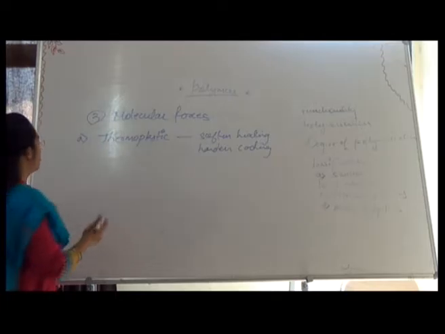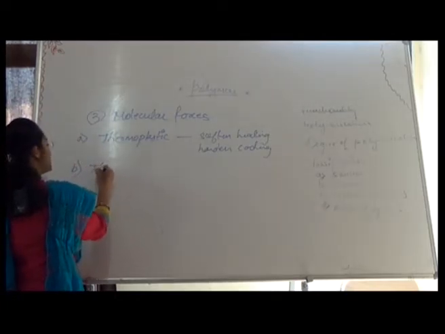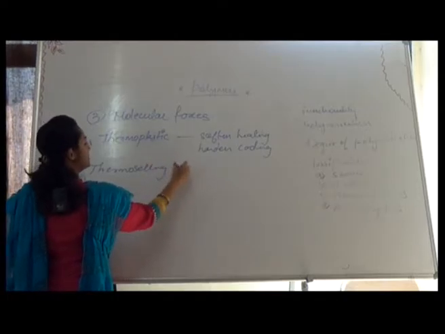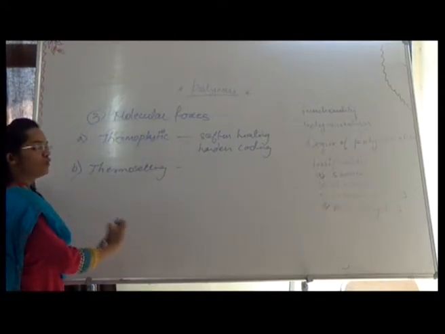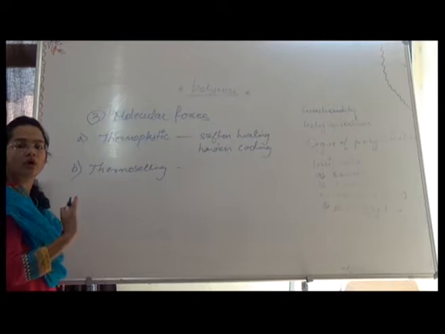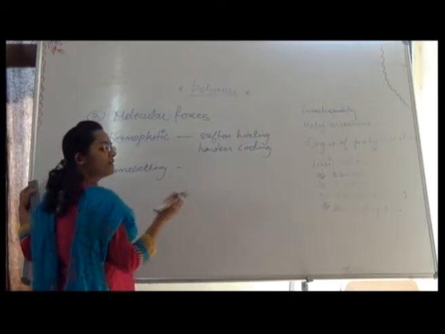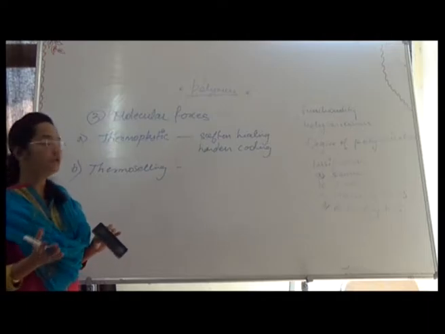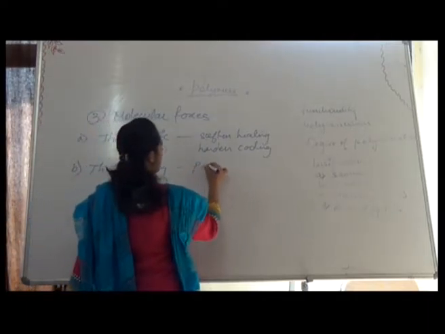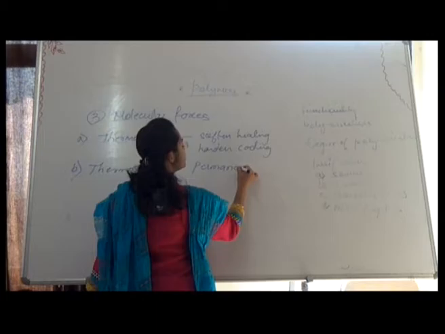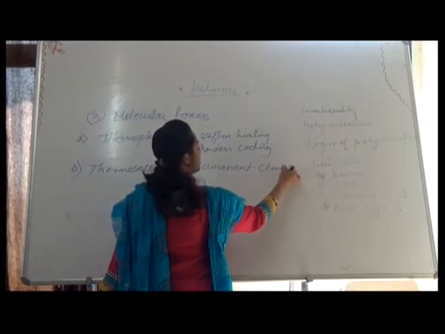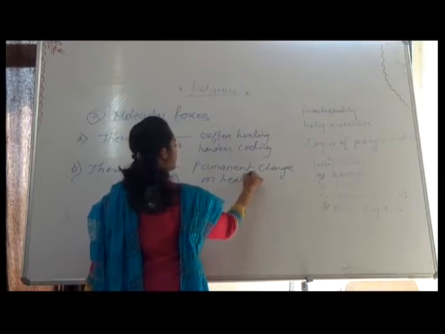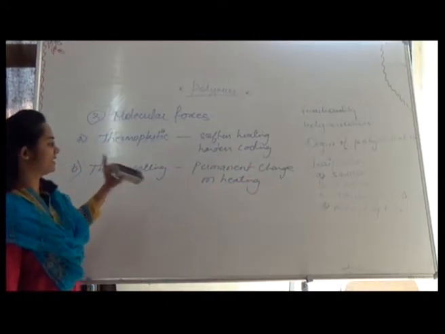Exactly the opposite property is of a thermosetting polymer. These kinds of polymers do not soften on heating; otherwise we can say that they undergo a permanent change on heating. Clear? So this is our thermosetting.